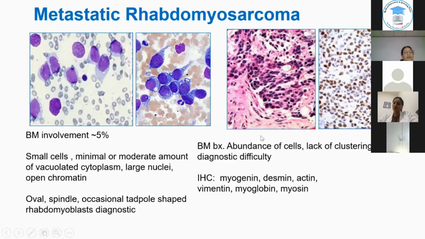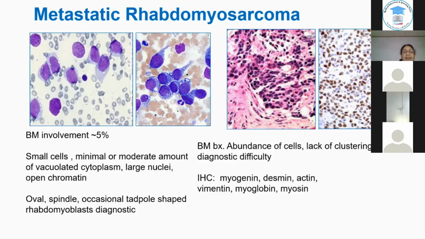They have minimal or moderate amount of cytoplasm, which may be vacuolated, as you see here. They have large nuclei and open chromatin. Sometimes you can see these oval or spindle tadpole-like cells. I'm sorry, I'm not able to show you by the pointer here.